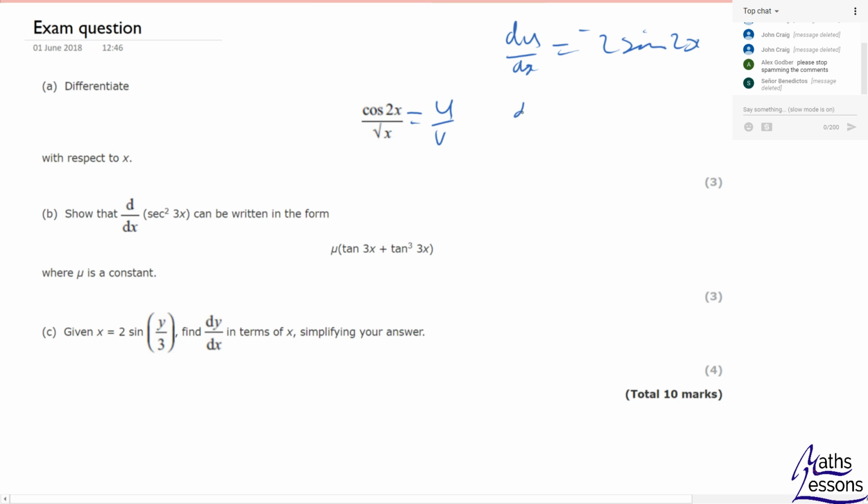So therefore, dy by dx, or the derivative, actually we haven't got a y here, so we shouldn't really say dy by dx. Rub that out.